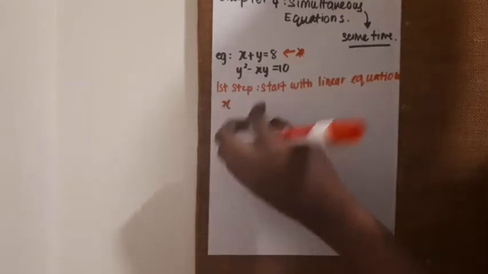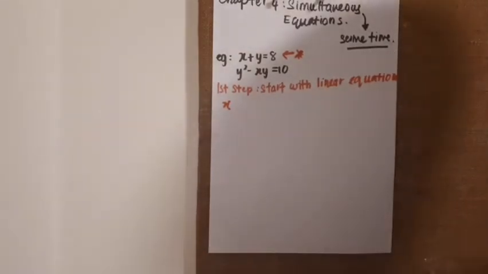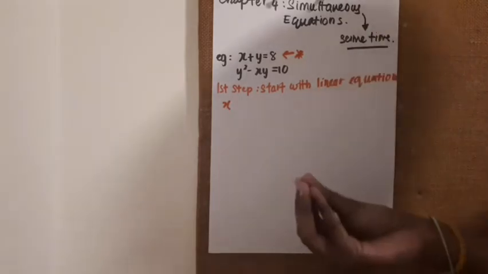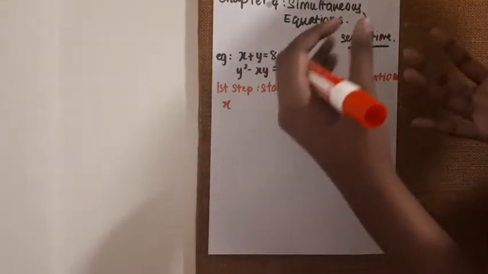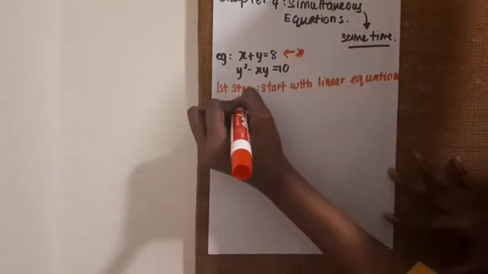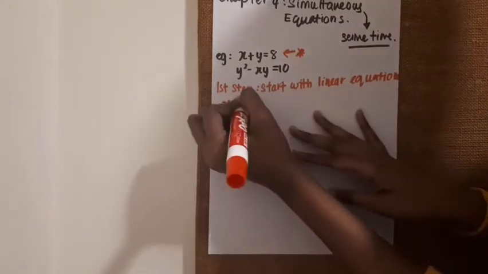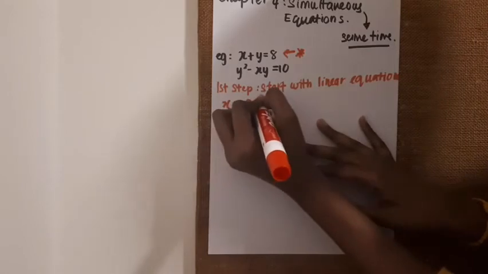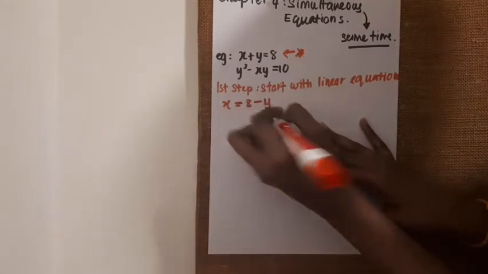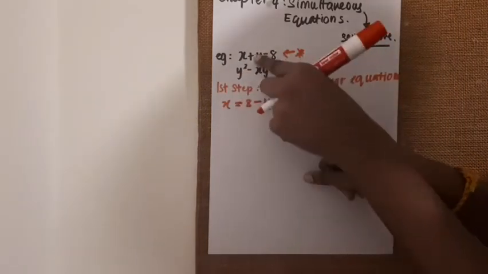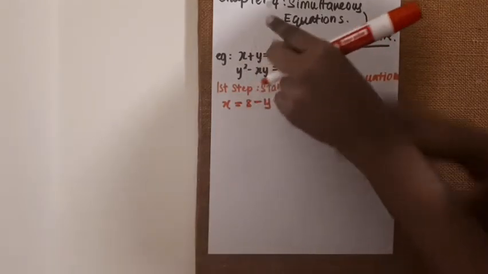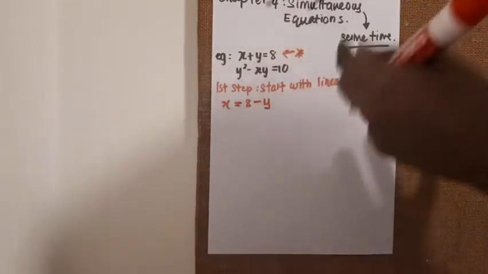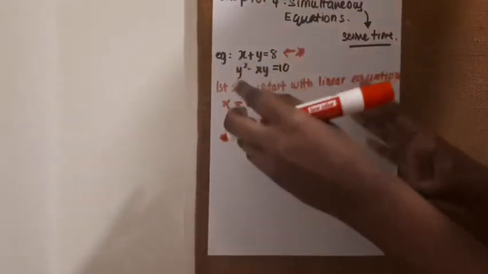You can either choose x or y to be your subject. So subject means you should solve for x. So how to solve for x? X will be equal to 8 minus y, because if you're going to solve for x, you have to bring all the unknowns and numbers from your left hand side to the right hand side and make x the subject.